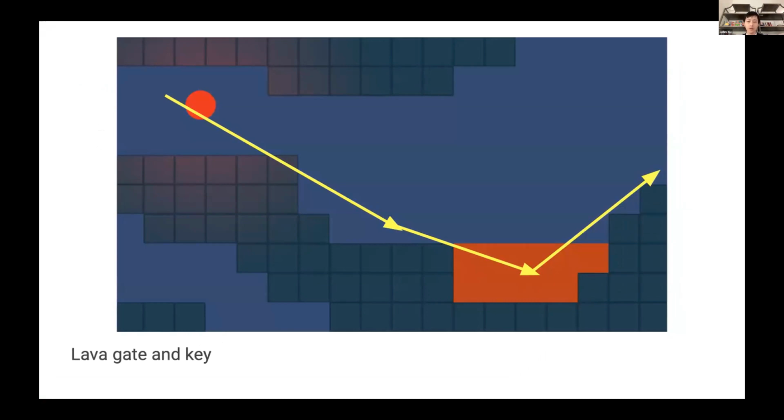If we strip this down to the very minimum, the red circle is the key, and the gate is whatever lava is here. If the player were to come across lava, the player will start to burn, and that is not good. The player will not be able to progress past this point.